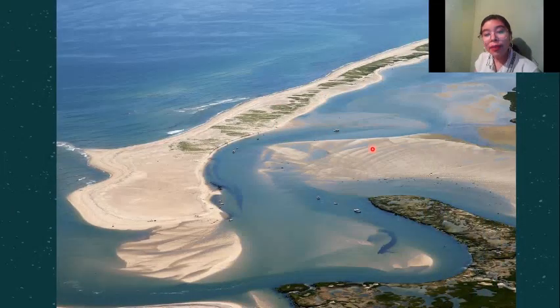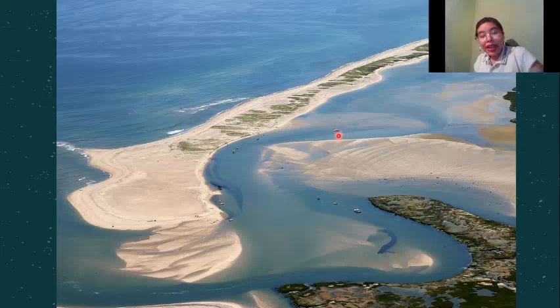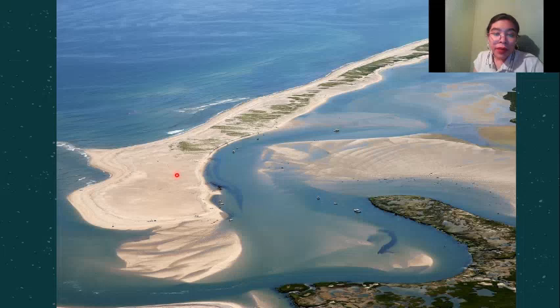And this is an example of the barrier beaches. So this is the mainland. Basically all of these are barrier beaches, but this is the most prominent one here. I could only get aerial photographs, like from drones. Here we have the barrier beach.